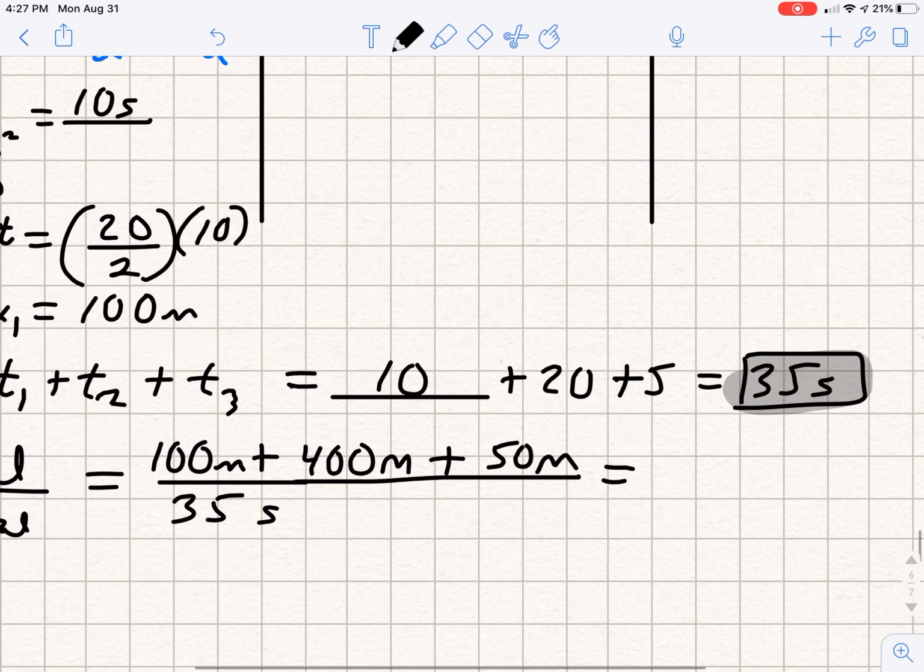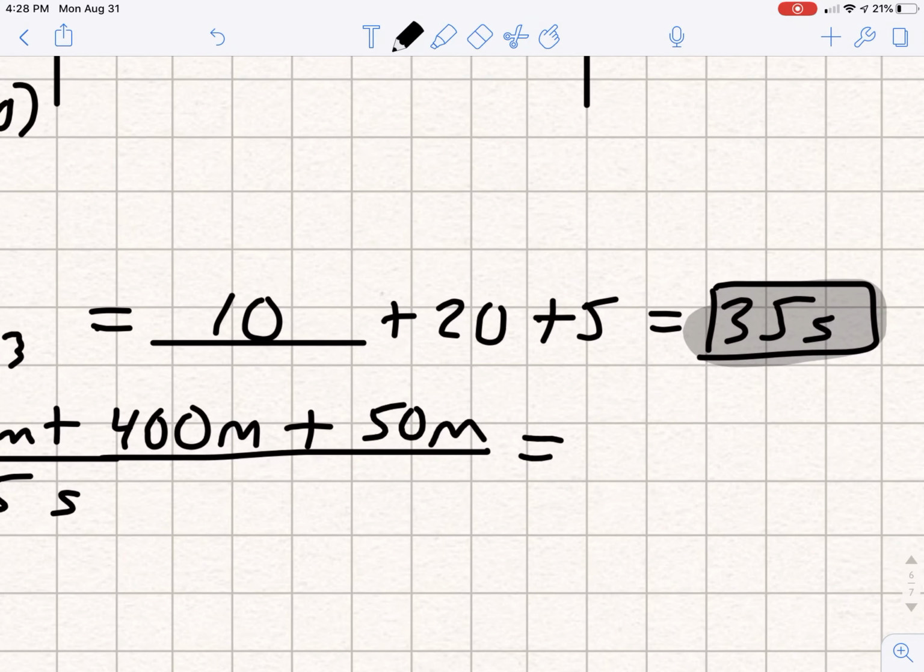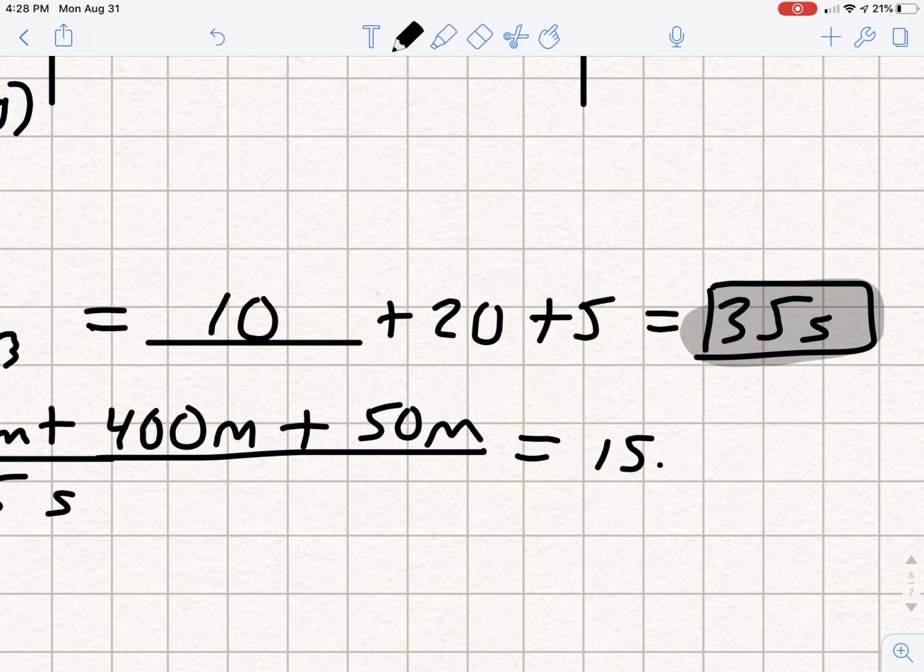So putting all this in, we have 100 plus 400 plus 50 is 550. Divide that by 35 seconds, and we're looking at an average velocity of about 15.7 meters per second.